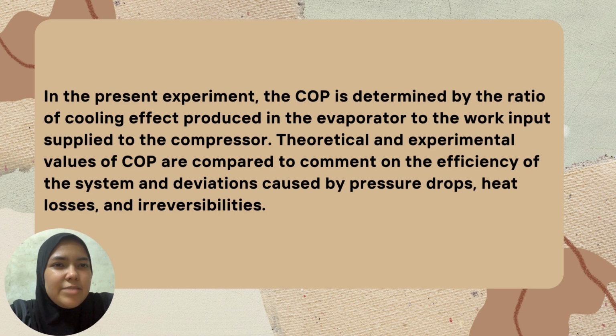In the present experiment, the COP is determined by the ratio of the cooling effect produced in the evaporator to the work input supplied to the compressor. Theoretical and experimental values of COP are compared to comment on the efficiency of the system and deviation caused by pressure drops, heat losses, and irreversibilities.